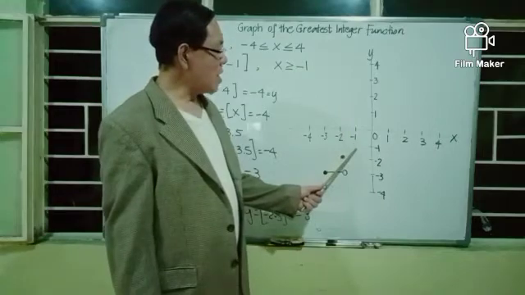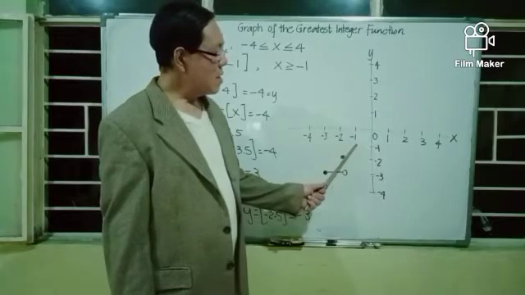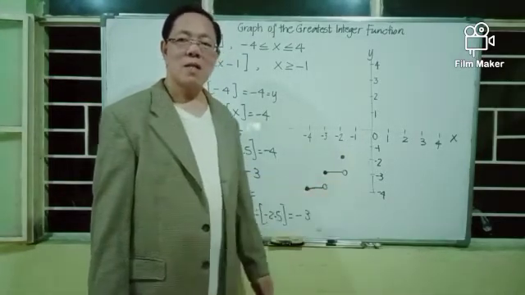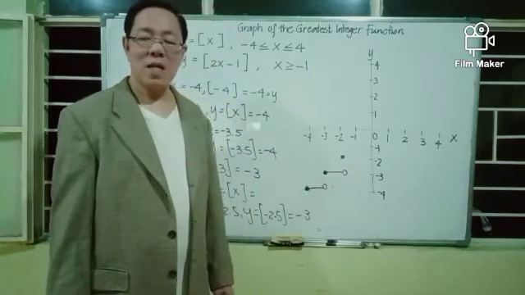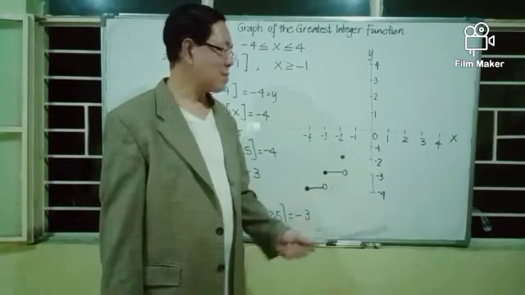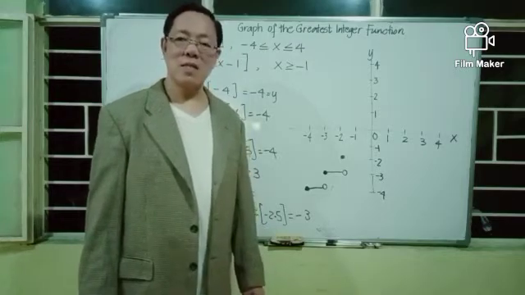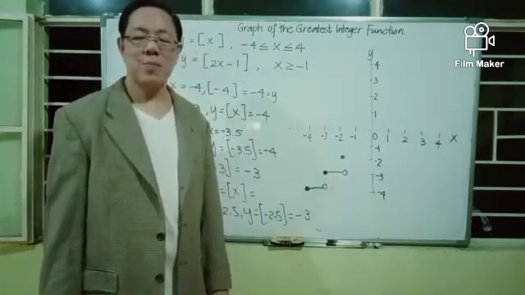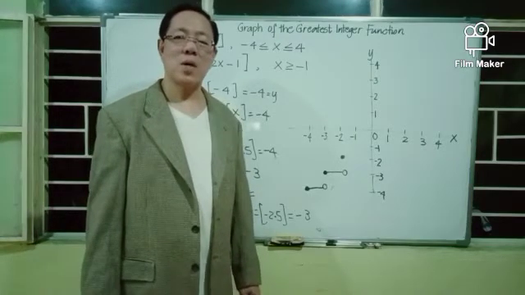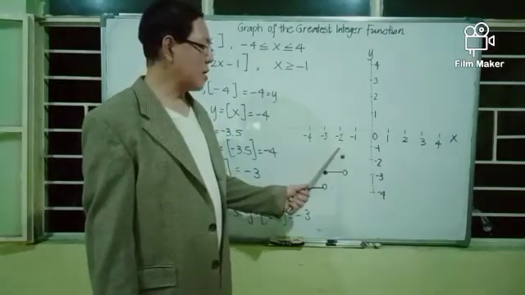If we take a real number very close to negative 1, say negative 1.001, again the value of y is the floor of negative 1.001, the largest integer that is less than negative 1.001, and that integer is negative 2.